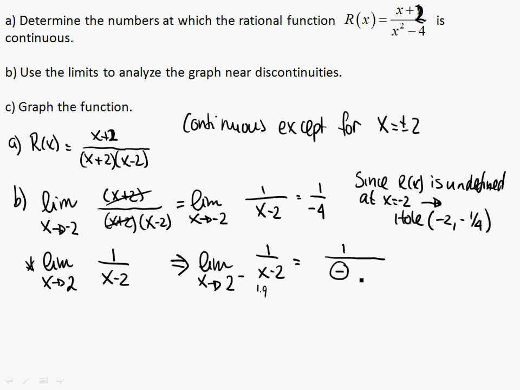So what I end up with here is a small negative number, like negative 0.000001. What do you get when you divide 1 by a small negative number? A very large negative number, right? This limit goes to negative infinity.